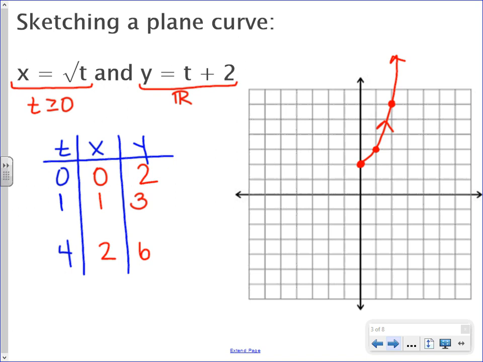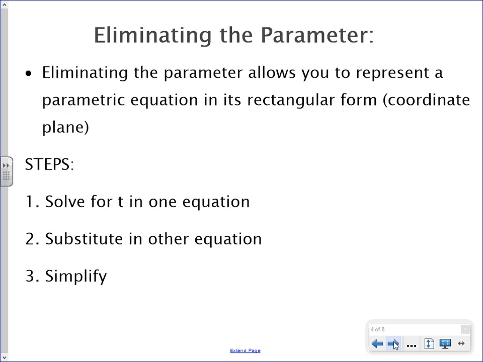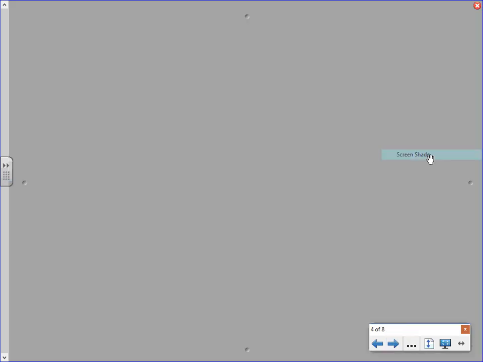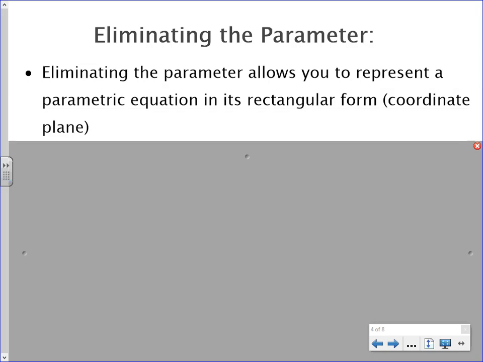We're doing the same thing, however, Eli, it's not as bad. Okay? So, the purpose, like I said, of eliminating the parameter is so we can take a set of parametric equations and squish it down to just one rectangular equation.